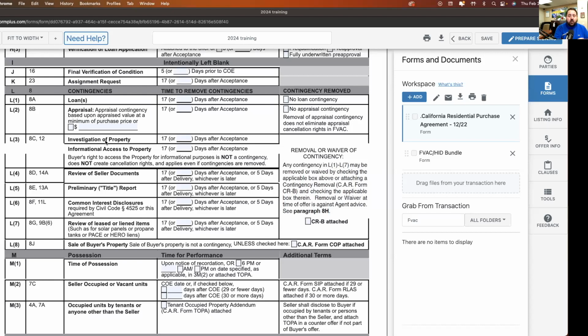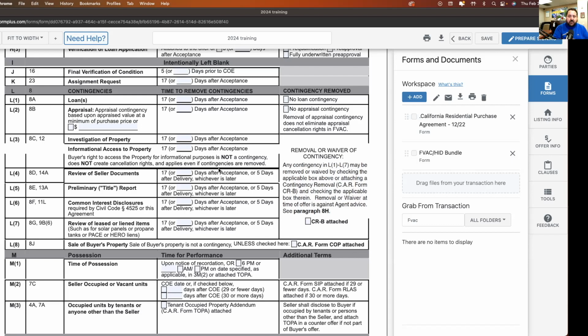Now, also what you have is 17 days informational access to the property. It says right here, 17 days after acceptance, buyer's right to access the property for informational purposes is not a contingency, does not create cancellation right, and applies even if the contingencies are removed. So what you should know as a listing agent is this.